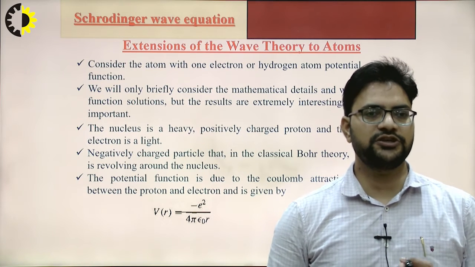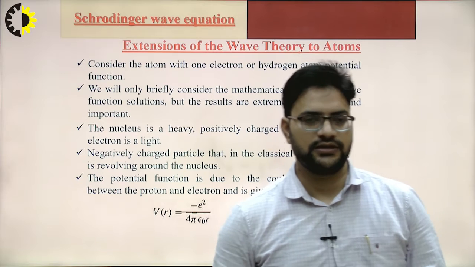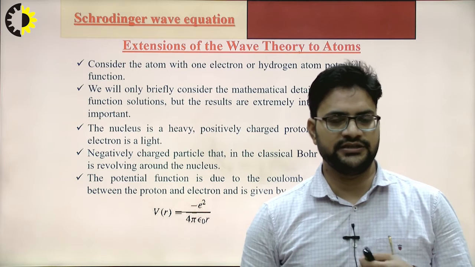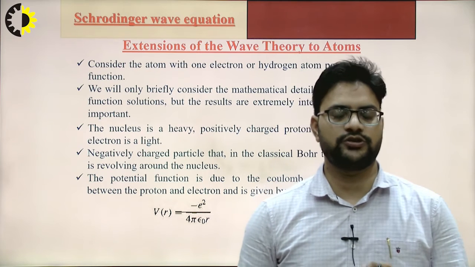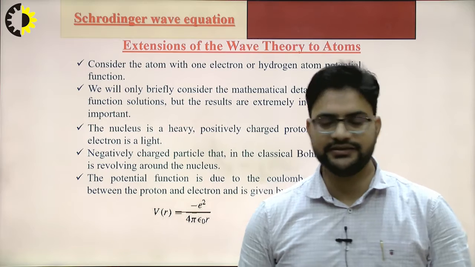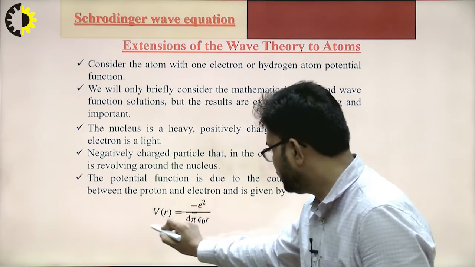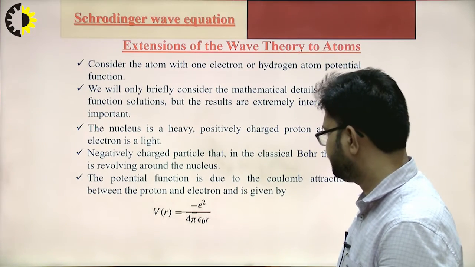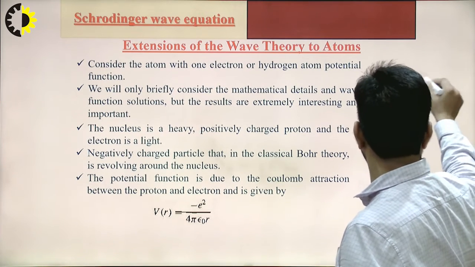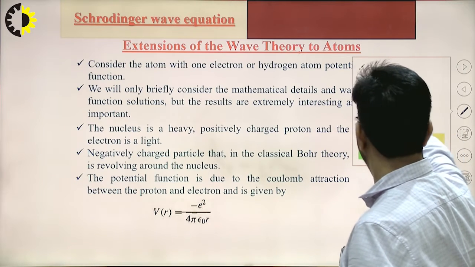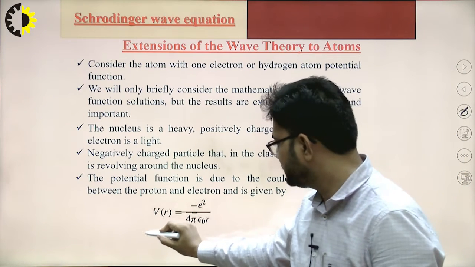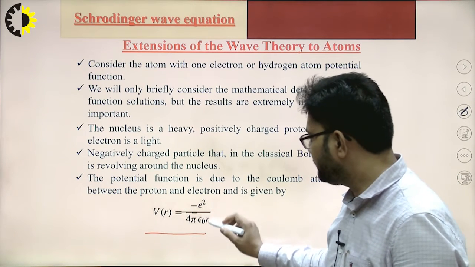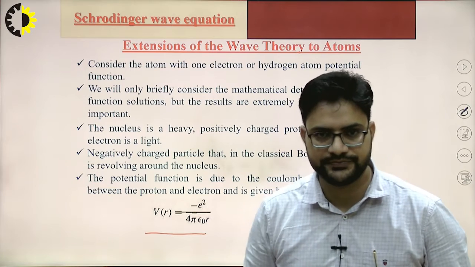The potential function is due to the force of attraction between the electron and the proton, and it is given by V is equal to minus e square divided by 4 pi epsilon naught r.